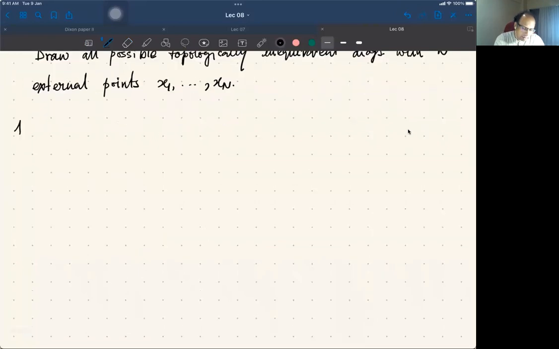and then for a propagator, for each propagator you write 1 over i delta x minus y.